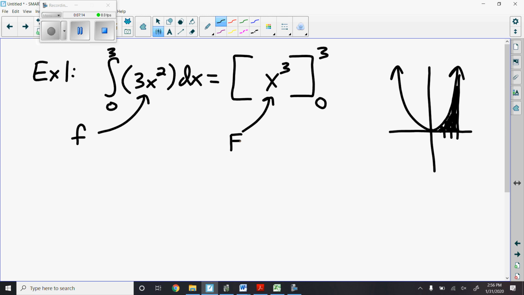And what I'm supposed to do now is capital F of b minus capital F of a. So I want to evaluate my top function at a value of 3, and then I want to subtract that capital F evaluated at 0. So here's what I do.